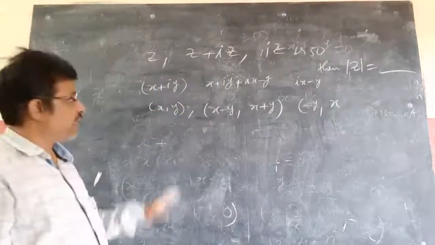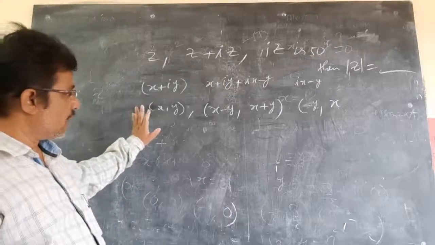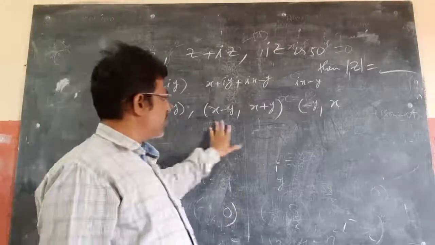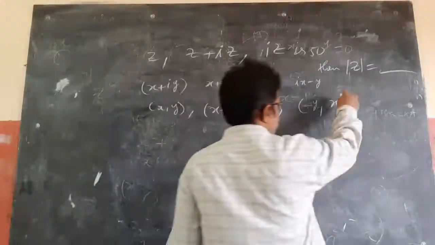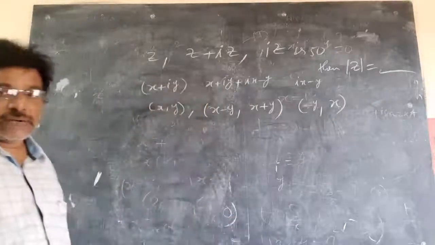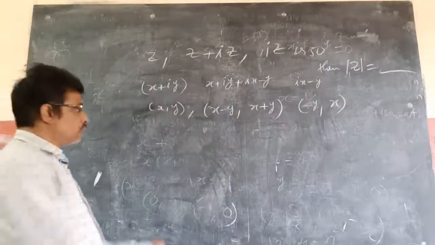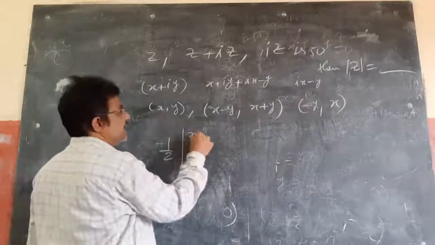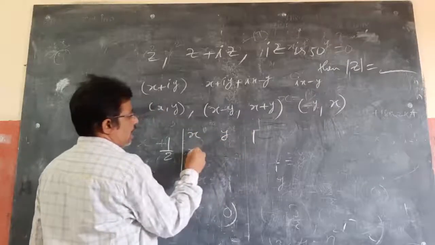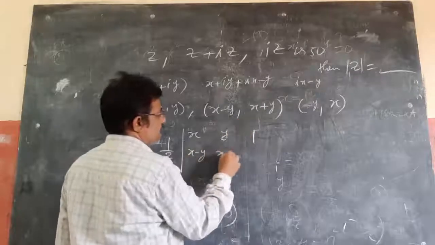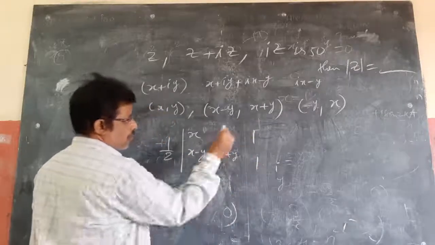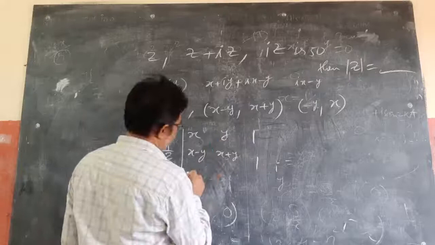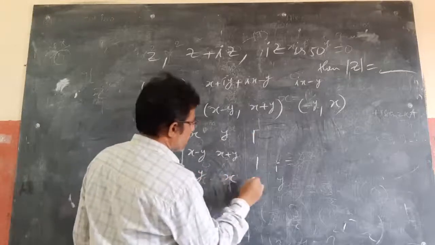Now how to find the area of this triangle? You take these as x1 y1, x2 y2, x3 y3, and you can use your 10th class formula, or in first year I told you how to find the area using determinants. Half into det of these coordinates: x, y, 1; x minus y, x plus y, 1; and minus y, x, 1.